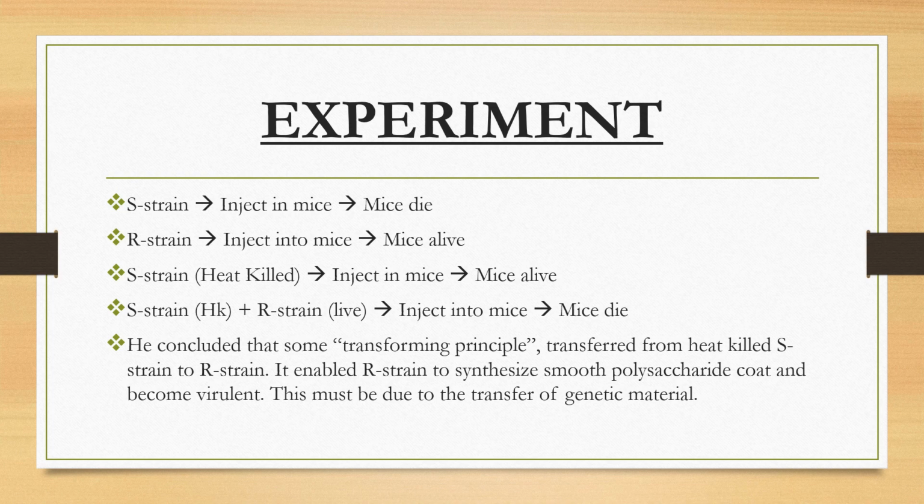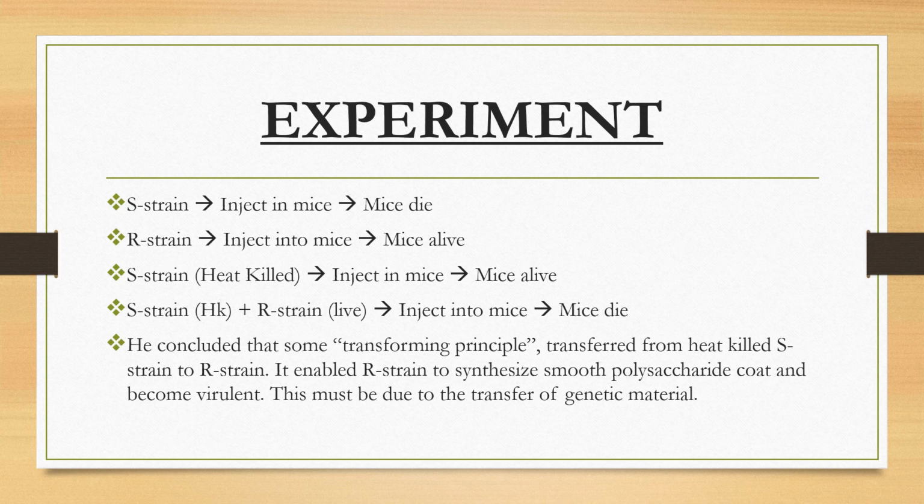Then he killed the S strain bacterium by providing very high temperature, by heating them, and after killing he injected the killed S strain bacterium into the mice, and he found that the mice were alive.